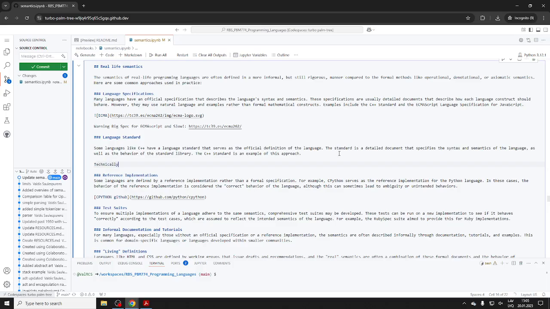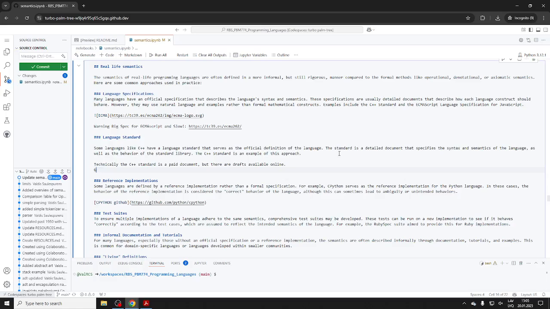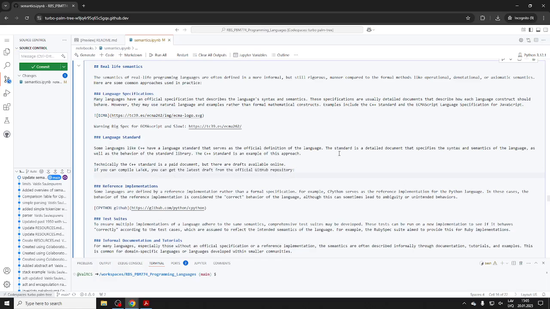Technically, the C++ standard is paid. If you can compile LaTeX, let's see if they can give you a link.